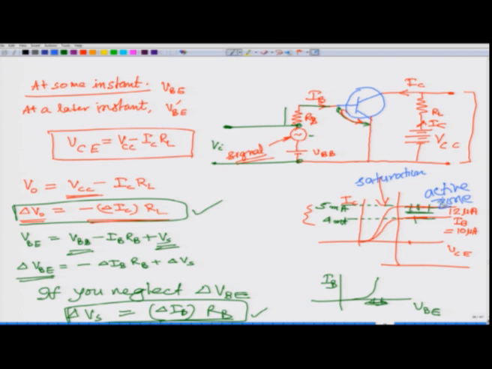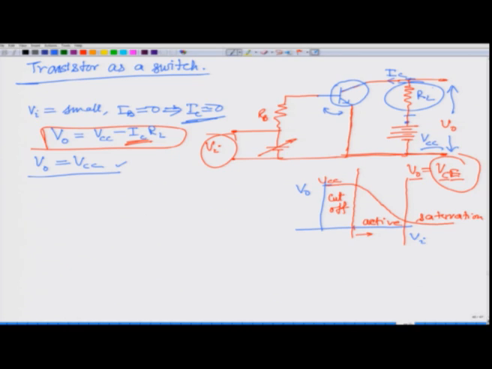This part is called the active zone because now it is sufficiently reverse biased and it is active to draw those electrons. Okay. So, in the cutoff zone, this VO is VCC.